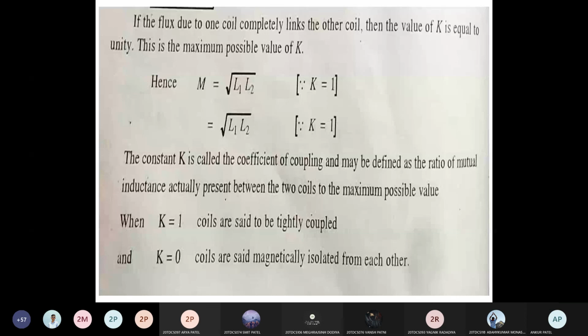And if k is equal to 1, then there is more flux linking with the other coil. Tightly coupled means there are more flux linkages between the two coils. If k is less, then there are fewer flux linkages between two coils. Okay, sir. Coupling is nothing but the coils being magnetically connected.